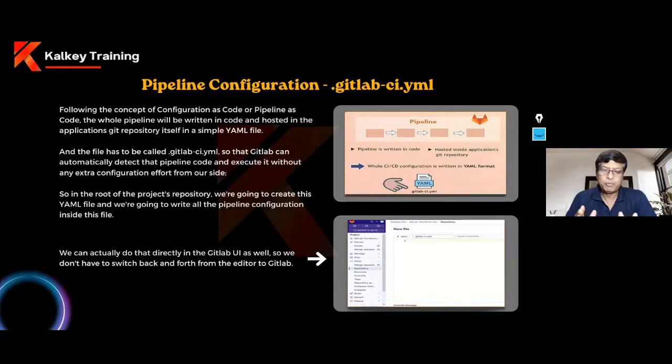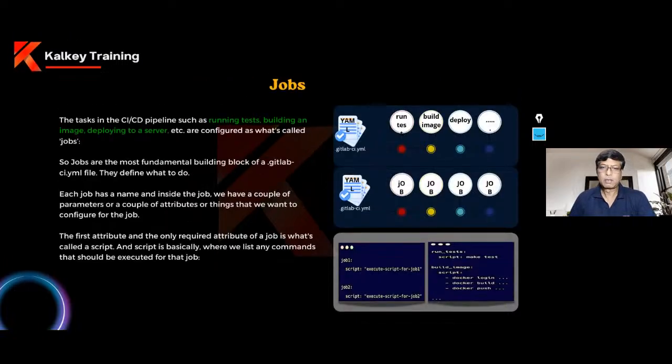No, you have to be in the framework of a project. This is .gitlab-ci.yaml. You cannot change the name. This is the default name of the pipeline YAML file.